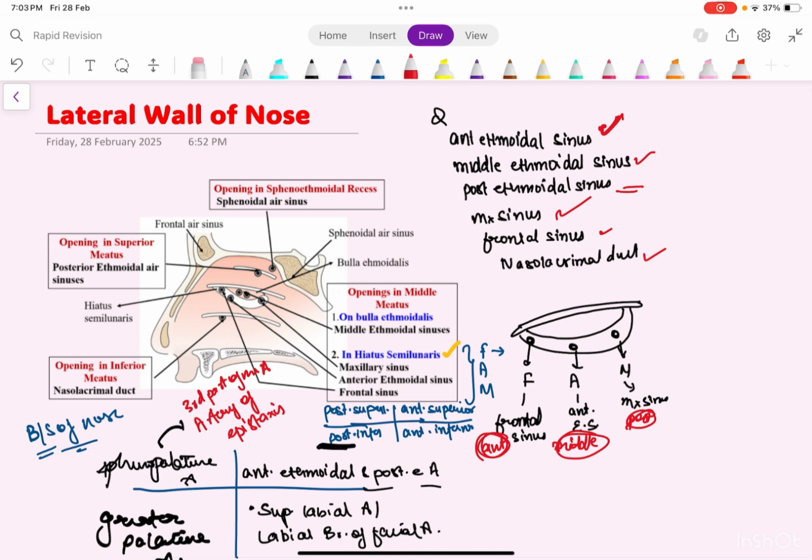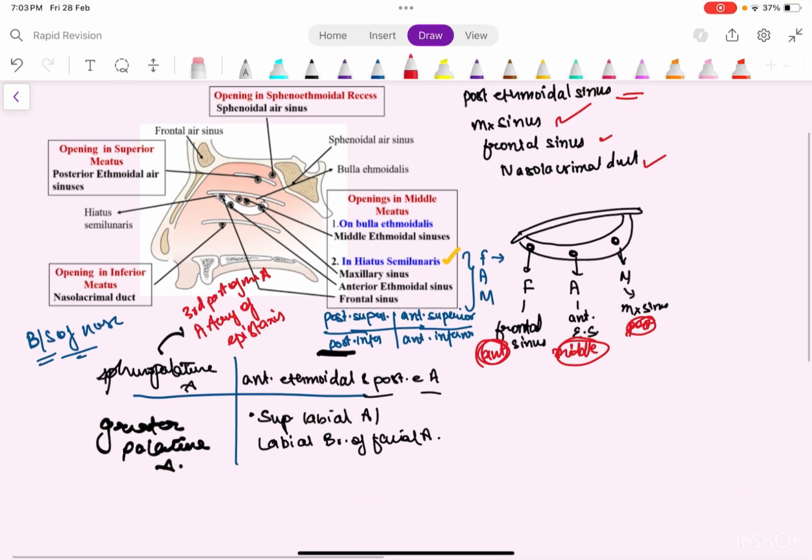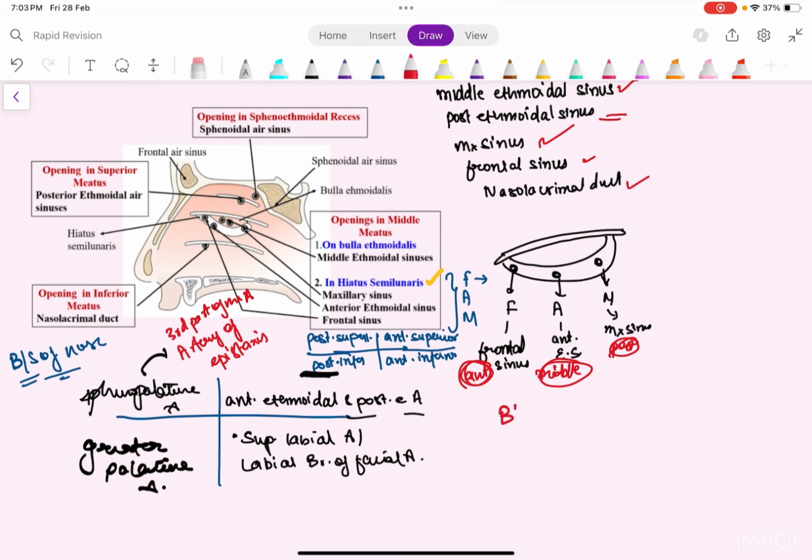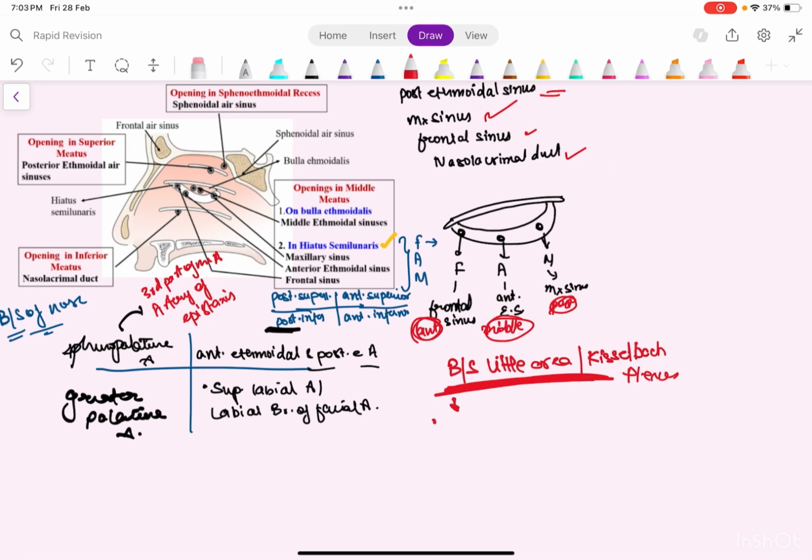One more thing, let's talk about the blood supply of Little's area, or the Kiesselbach plexus. This you need to remember no matter what happens. You can remember it by GASS.